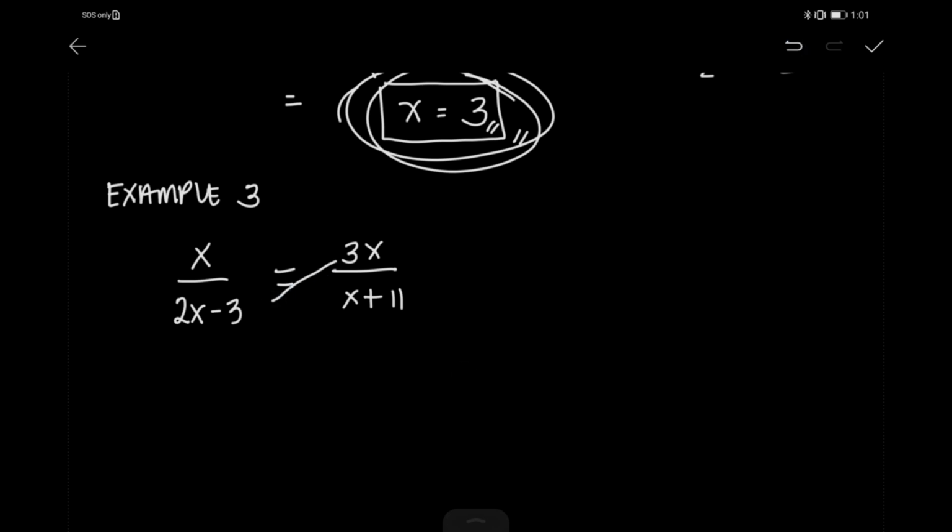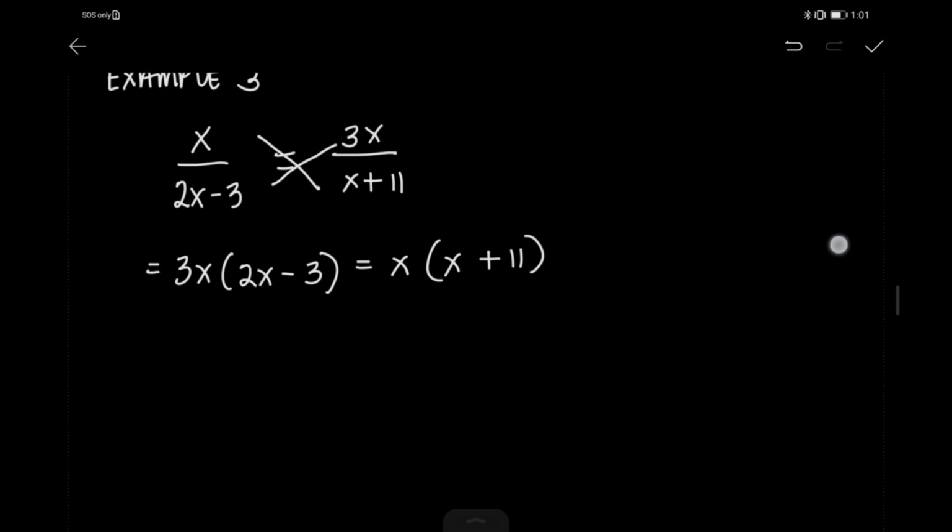So let us multiply this one. We have here 3x multiplied to 2x minus 3. And also this one, where x is multiplied to x plus 11. Then we have to use the distributive property.